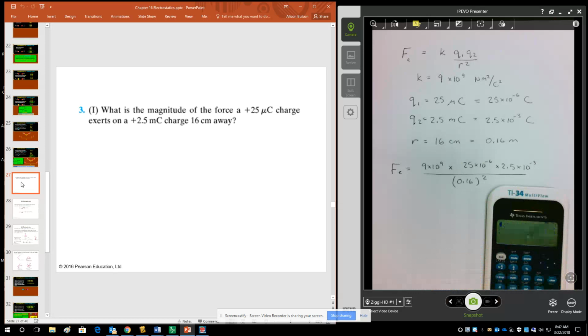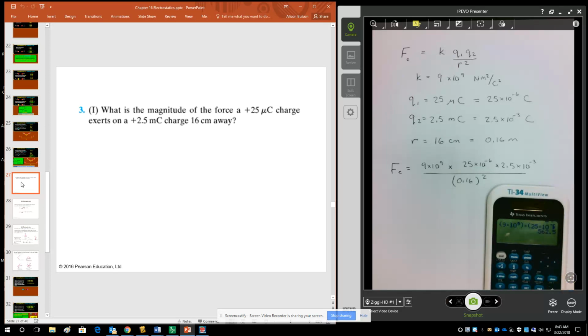Okay, so I don't think I need parentheses, but I feel like I might need them. I'm not loving this calculator. Okay, 25 to the negative 6, and 2.5, negative 3.